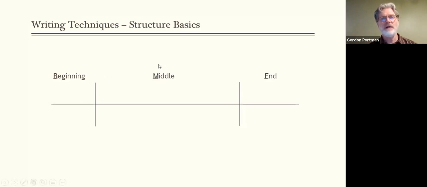Then when we're talking about a middle, we're looking at a number of things or a number of possibilities. We're looking at the development of a situation. We are looking at the setting up of a conflict or the playing out or the development of conflict.